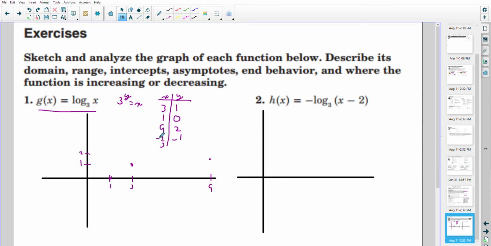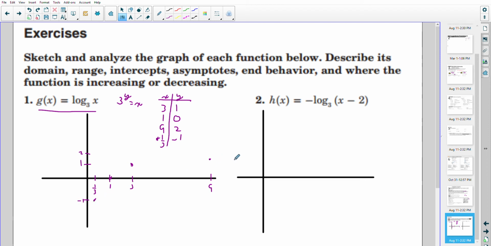And that's a mistake there. That should be a positive 1/3. So 3 to the negative 1 power equals 1/3. And so this is going to be here at 1/3, and I'm at negative 1.